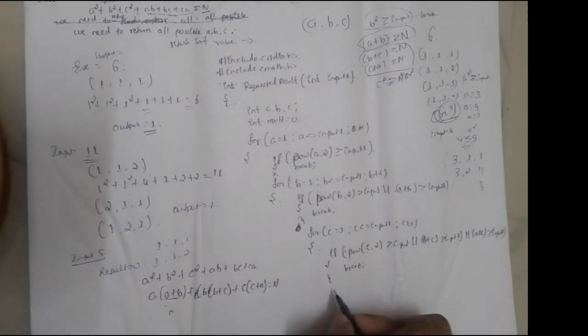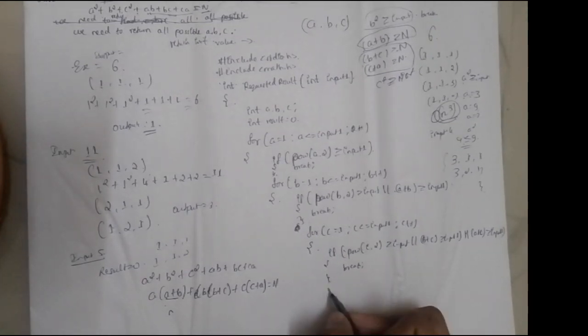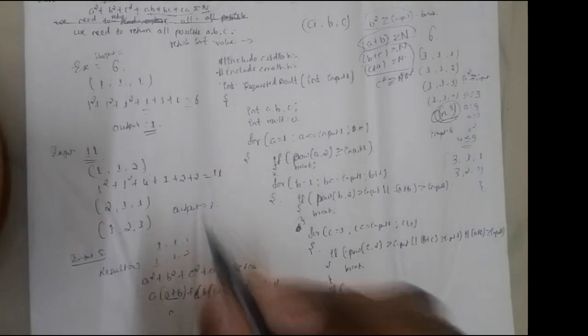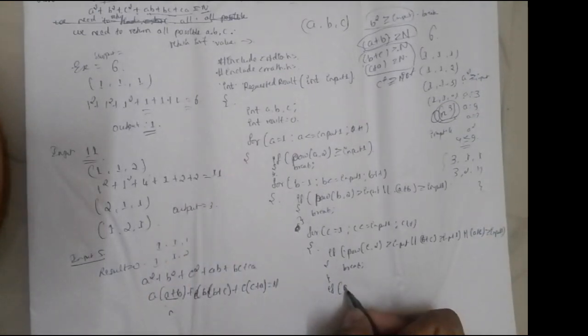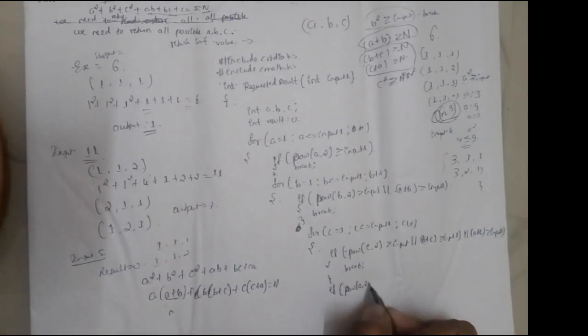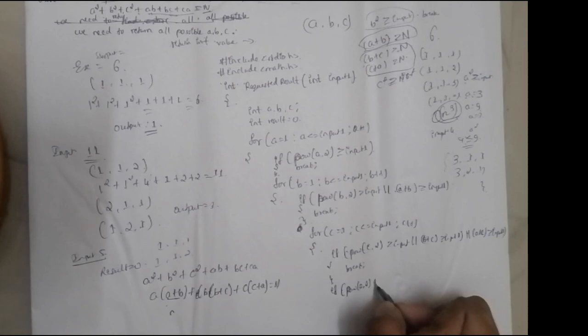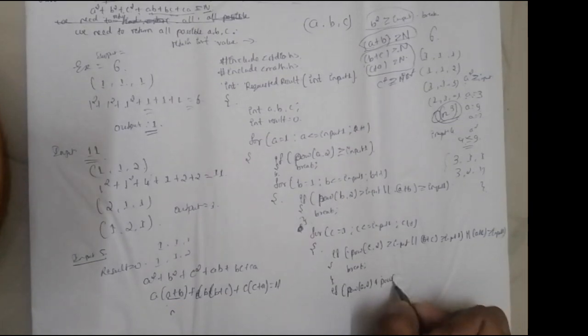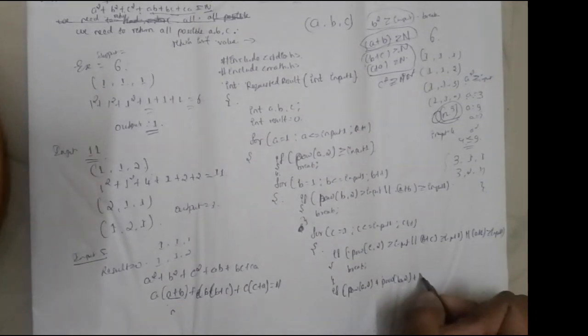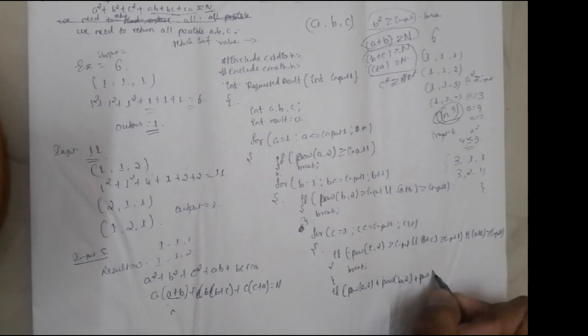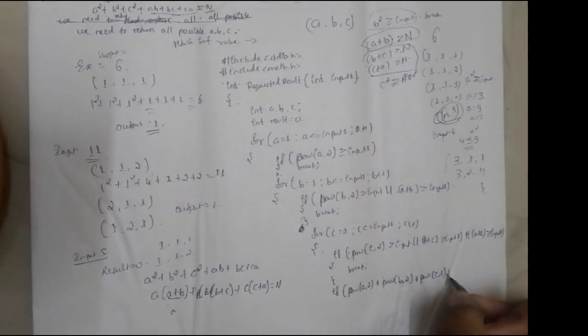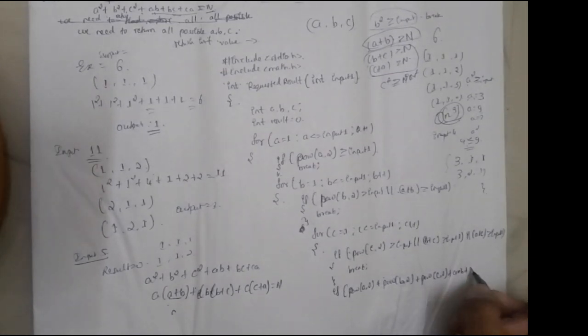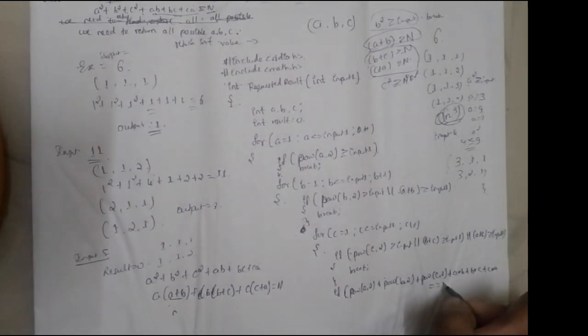Similarly, now apply an if condition to check whether that equation holds: power of a comma 2 plus power of b comma 2 plus power of c comma 2 plus a into b plus b into c plus c into a is equal to n.